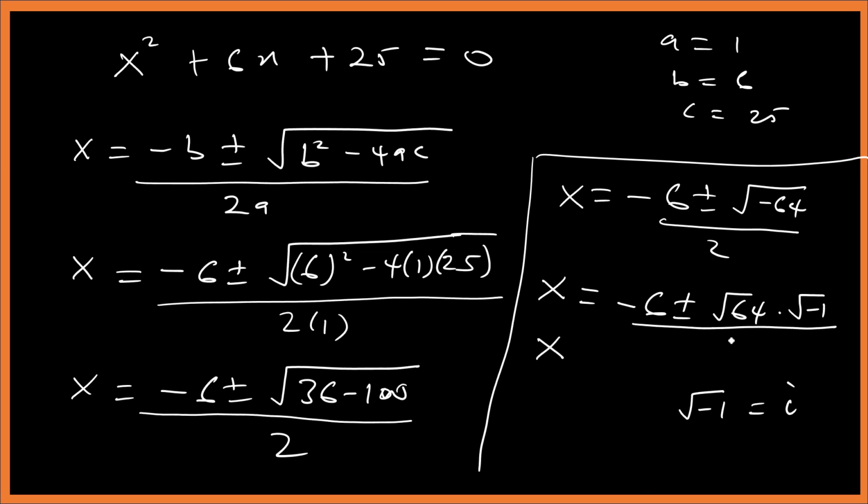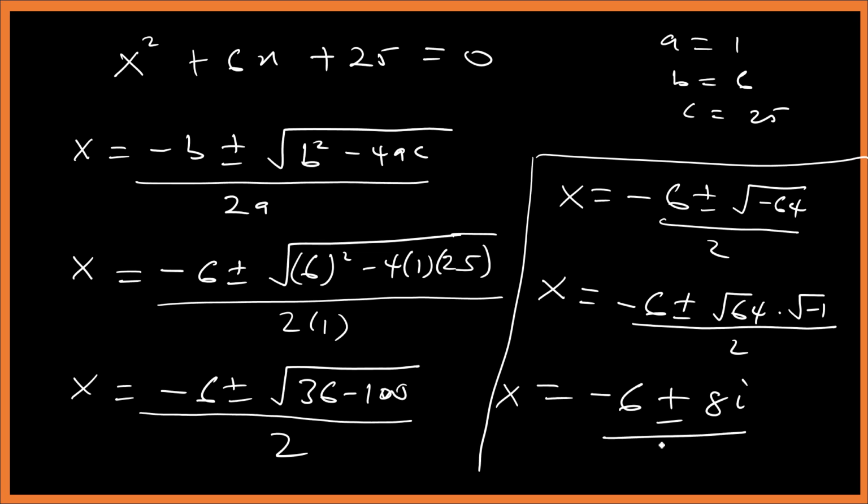So over 2, we have x equals to minus 6 plus or minus 8i on 2, the same as minus 3 plus or minus 4i. So this one is complex, so rejected.